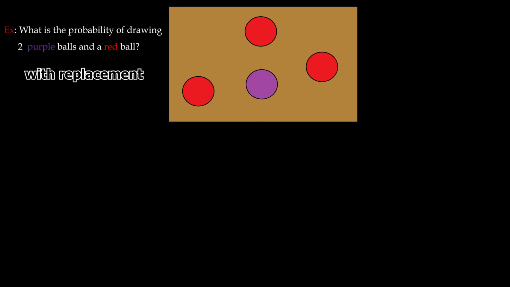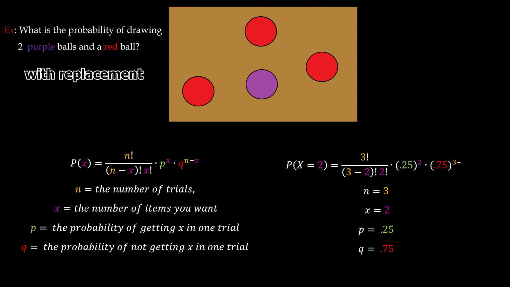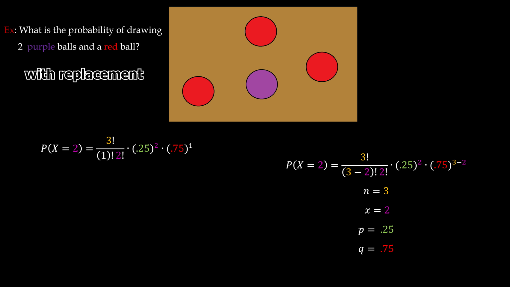So for this example, we want 2 purple balls and 1 red ball. We can rephrase this sentence as we want 2 purple balls in 3 trials. Then the number of trials is 3, the number of purple balls we want is 2, the probability of picking a purple ball is 25%, and the probability of not getting a purple ball is 75%.